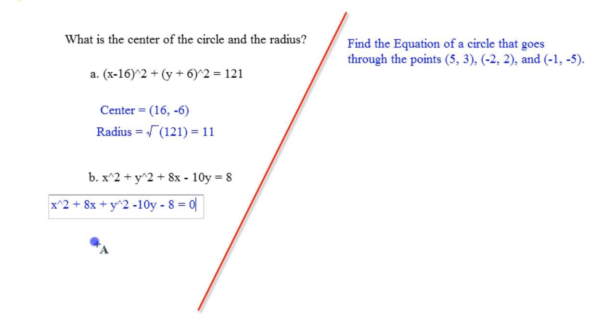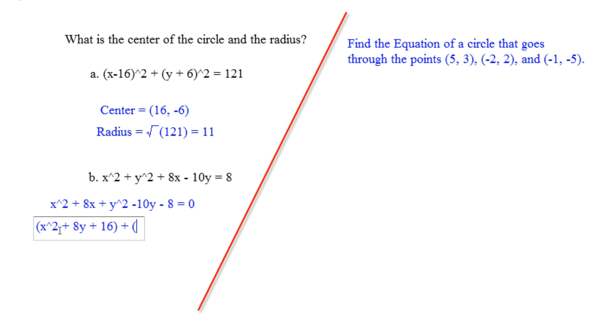So that's in standard form, because this is usually the typical way it's written. So what I'm going to do is complete the square with the first two. I'm going to do half of 8, which is 4, and then square it. I'm going to get 16.